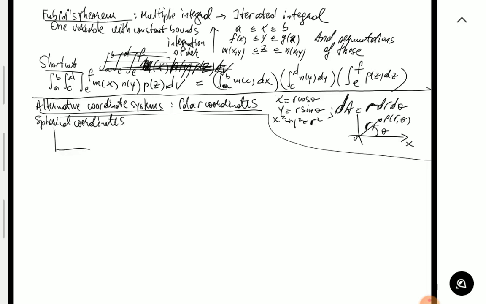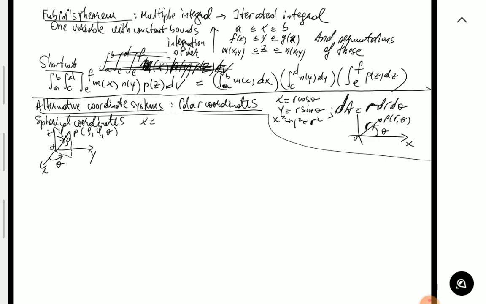And remember, those are rho, the distance from the point to the origin; phi, the angle measured from the positive z-axis to OP, the point itself; and theta, the angle measured from the positive x-axis to the projection of P onto the xy plane.